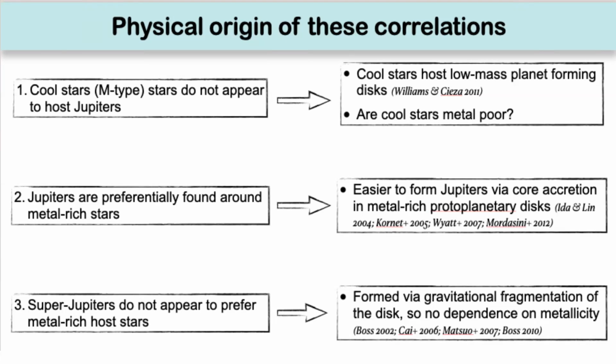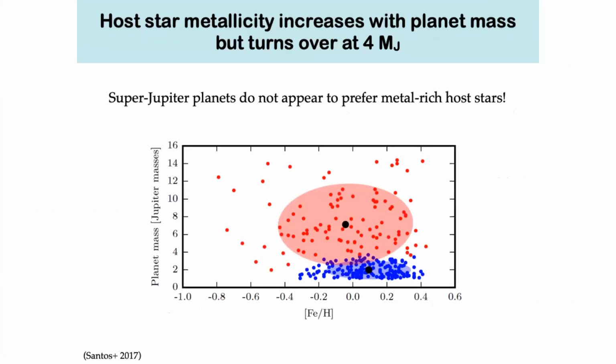So is it possible that these super Jupiters are also within 1 year, as I have shown earlier? Yes. So orbital distance is okay, and they are more massive than Jupiter, so they are easier to detect. So that is not an issue. Detection may not be an issue here. Yeah. So rather than saying that this is the distribution, can you go back to the previous slide, to the one before this?